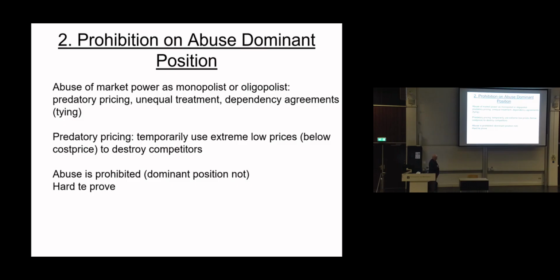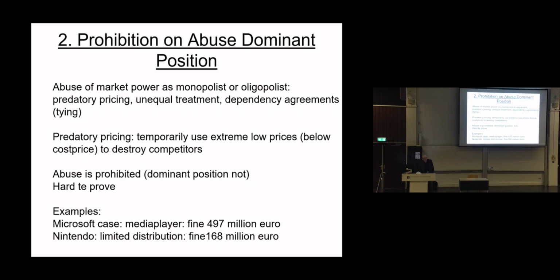It is prohibited, it is an abuse of a dominant position, but it's really hard to prove for the European Union, for the European Commission. That is one of the problems here.